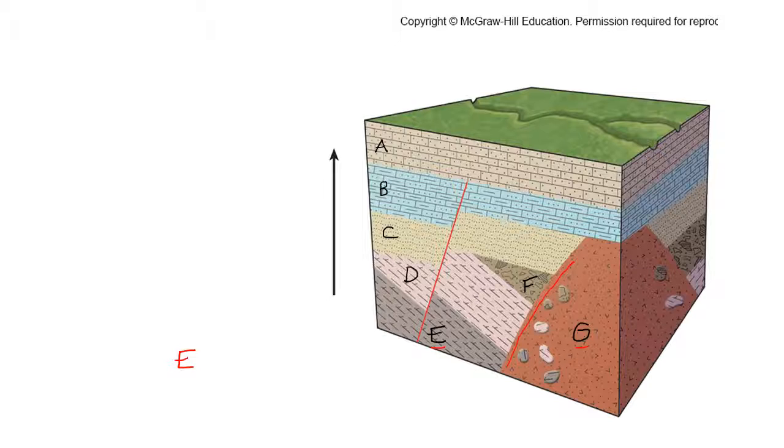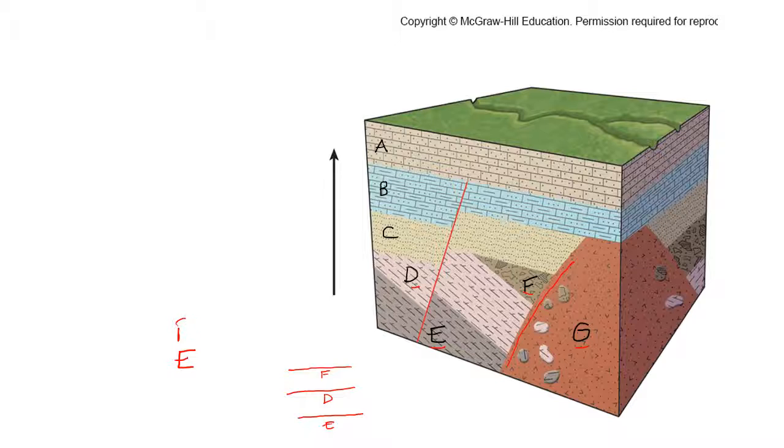I have to reorient myself because E had to be horizontal when it was formed, and now it's not. Originally we would have had E down here, and then D comes on top of it, and then next comes F. We have E, D, and F all being formed at the same angle, so we know they all had to tilt together.